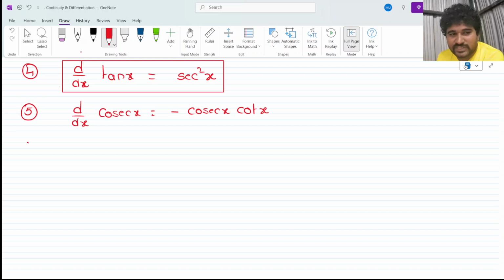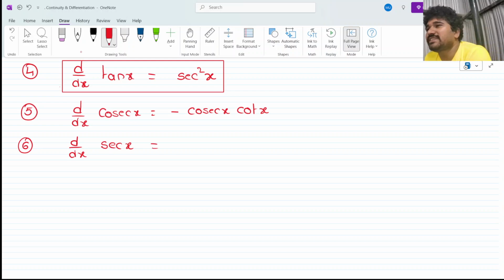Next, sixth formula. d by dx of secant x is secant x into tan x. There is no minus.